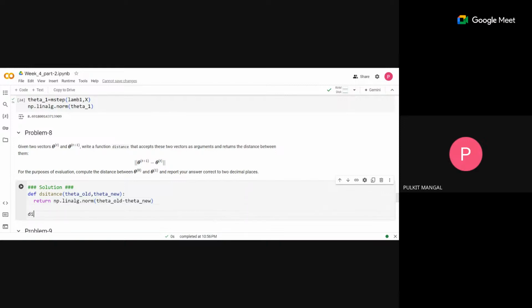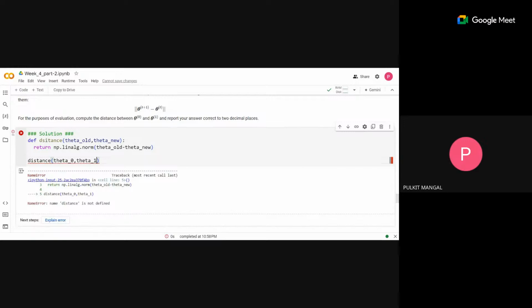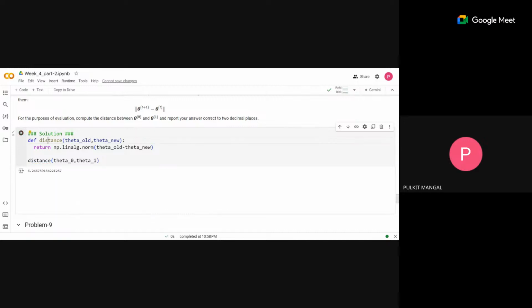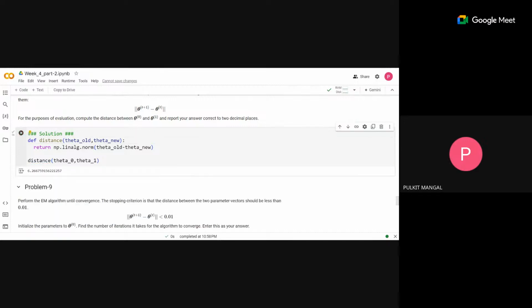We'll calculate the distance on theta 0 and theta 1. Anybody has any doubt in this function? It is pretty simple: subtract the two vectors and find the norm. Clear?